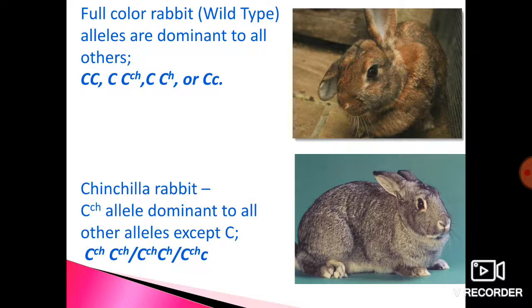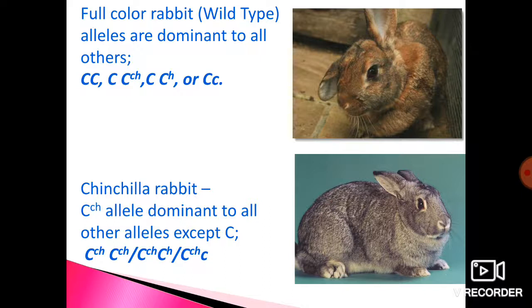Here, for your convenience, I have given you the pictorial depictions of those types, the wild type or the agouti, and their genotype. You can see in capital italics, the genotypes are given, either CC or CC^ch or CC^h or Cc. For Chinchilla likewise, you have the silvery color, and in the full color you can see it is brownish, a combination of yellow, black and white.